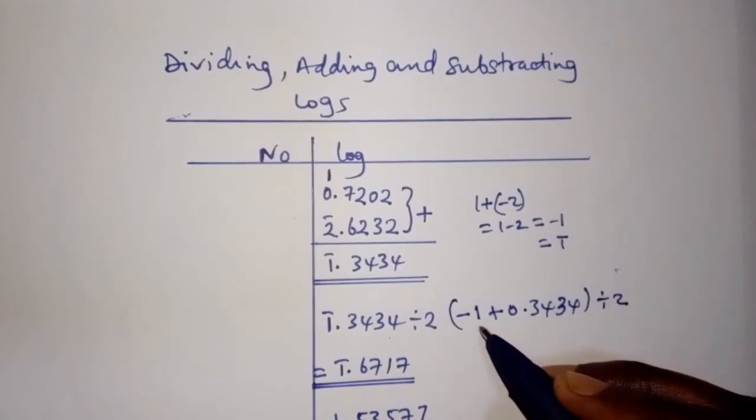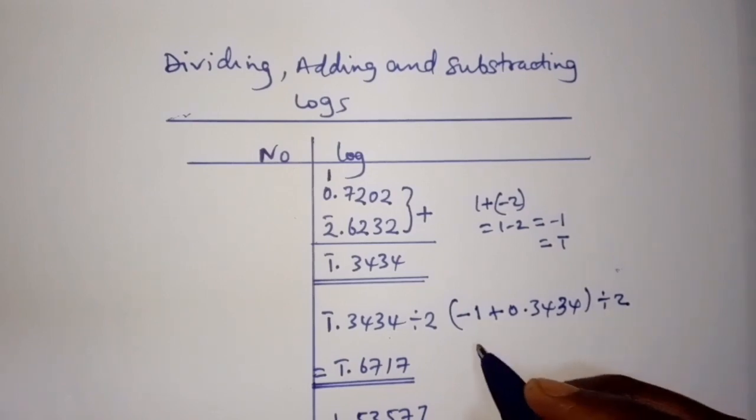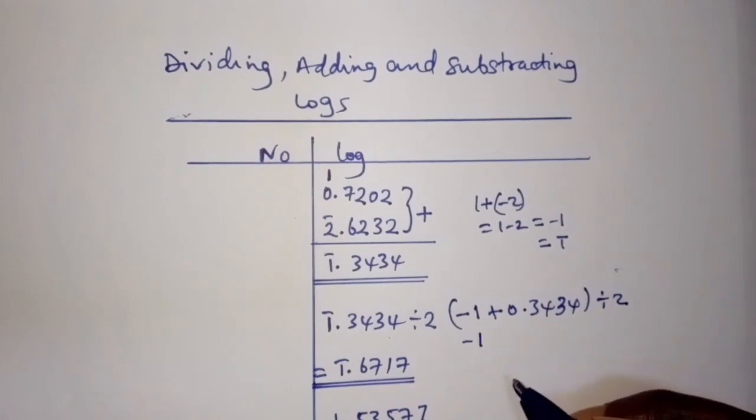We want to find an exact number. We can divide by 2 here. So we can say that this is a negative 1.